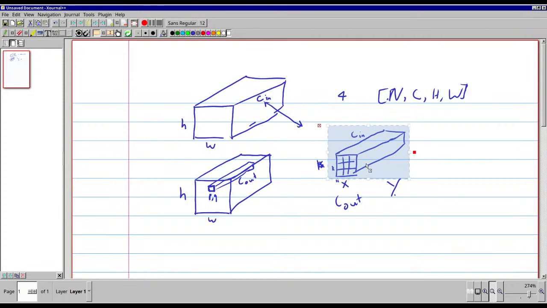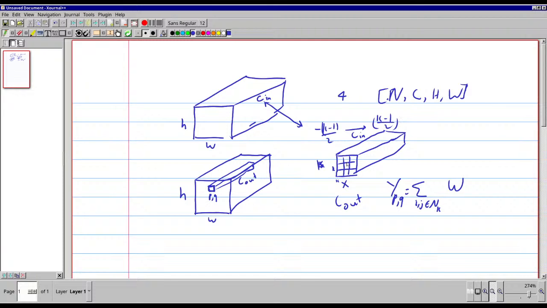So basically, the output at P, Q is equal to a sum over all the neighborhood in this region, all the span of K by K. So I and J depend on the neighborhood of size K, and it's going to span from minus (K minus 1) over 2 to (K minus 1) over 2.